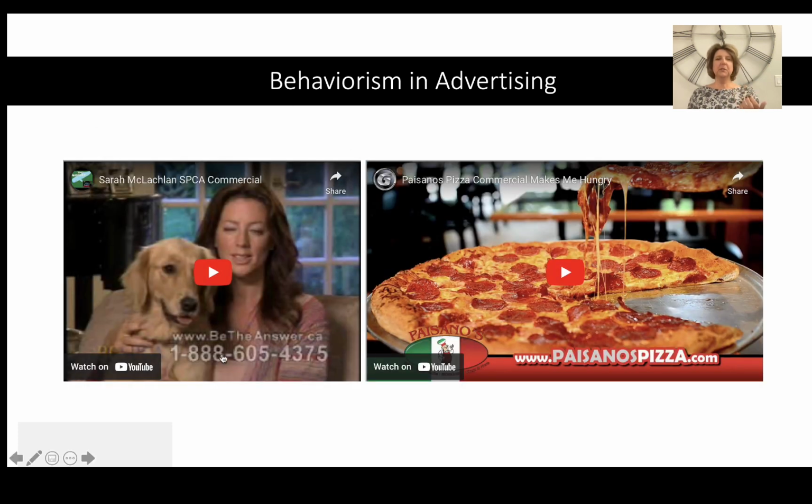We could also use behaviorism in advertising. You've seen the commercials where you have the sad music and the puppies that need help and the puppy mills and the cats that only have one eye. They're very sad and they're trying to get you to empathize in order to give to them.